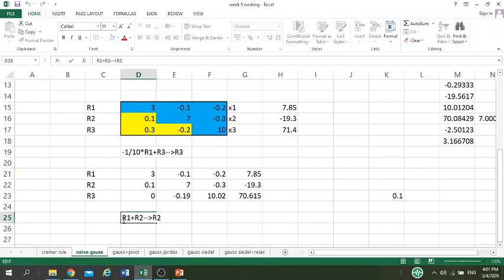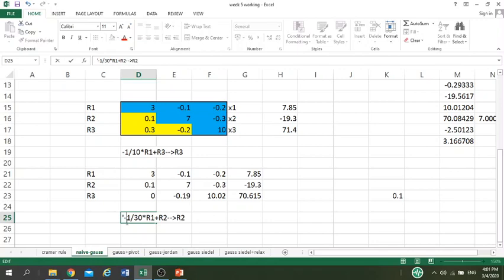So I multiply the first row by 30, so that when I multiply the first number, for example here, 1 over 30 times 3, we will get 0.1.